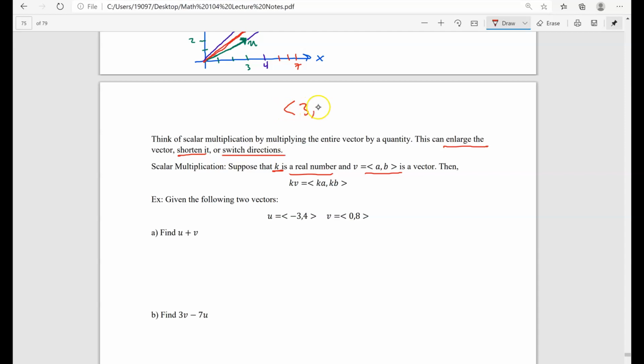Because if you have 3, 2, and I multiply this by -2, then not only am I switching the direction, so now it's going in the opposite direction, but I'm also doubling it in size. So this is going to be a 6, and now this is going to be a 4. So I doubled it in size and swapped the direction of the vector. Here I basically tell you that if you want to multiply the vector by a scalar, like any number, then you just multiply each of the components.